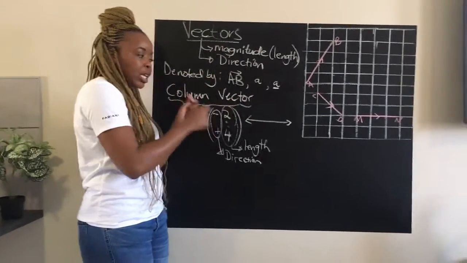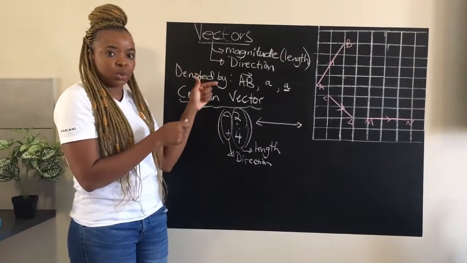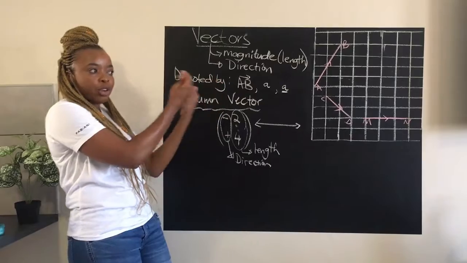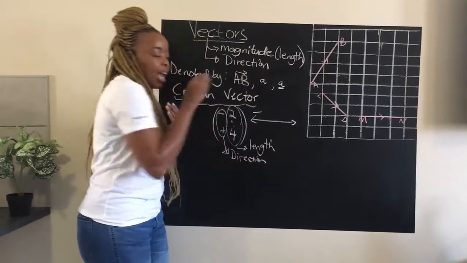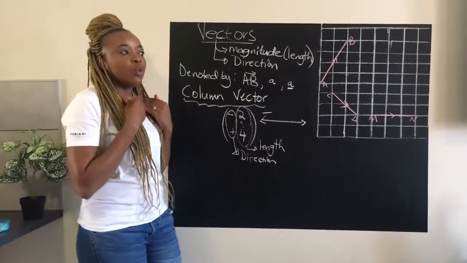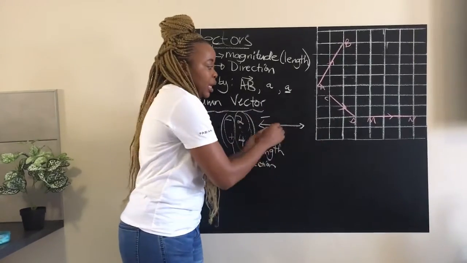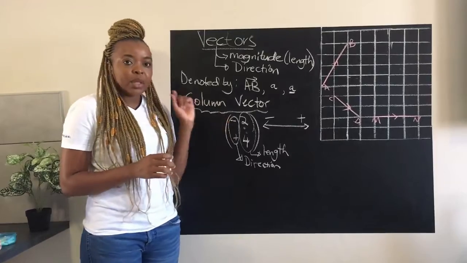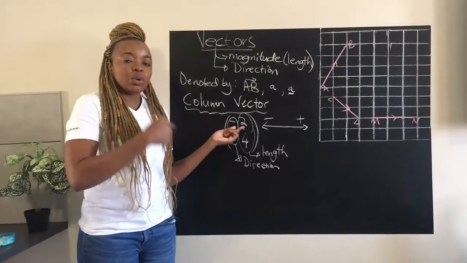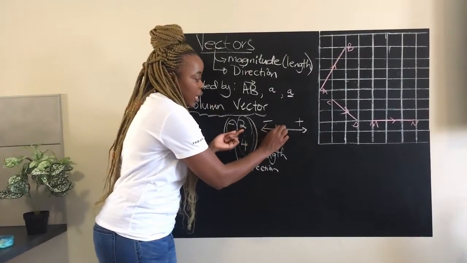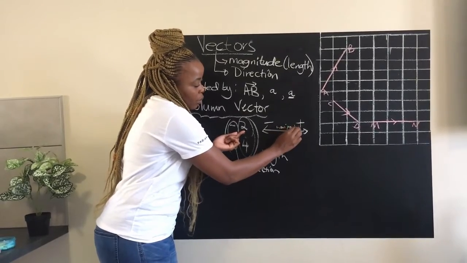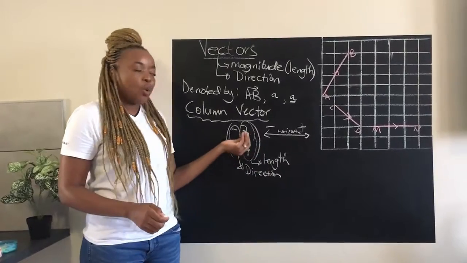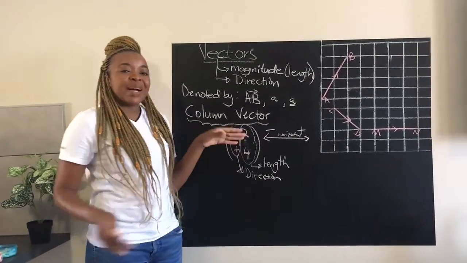That movement is always denoted by the number on top. If you went to the left, meaning you came from your right going to the left, you always have a negative. And if you went from your left to your right, you always have a positive. So remember, our top number denotes the horizontal movement.